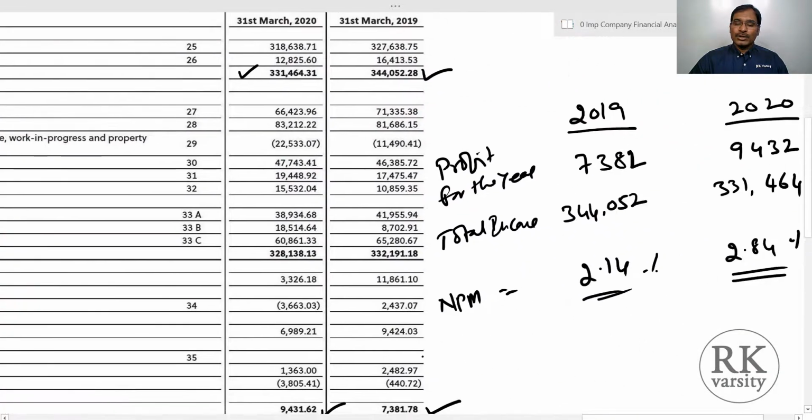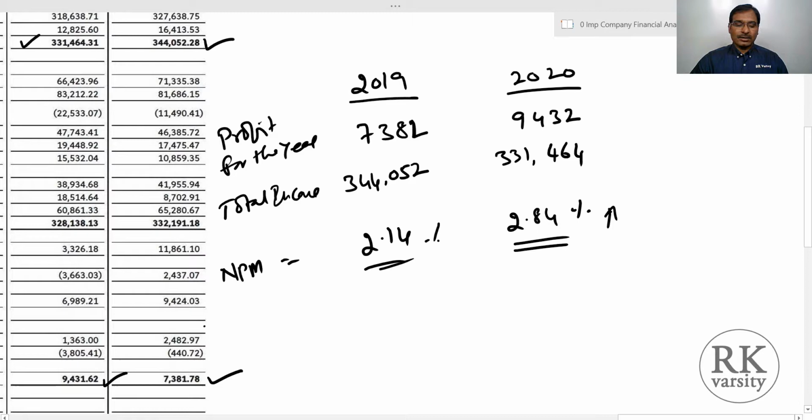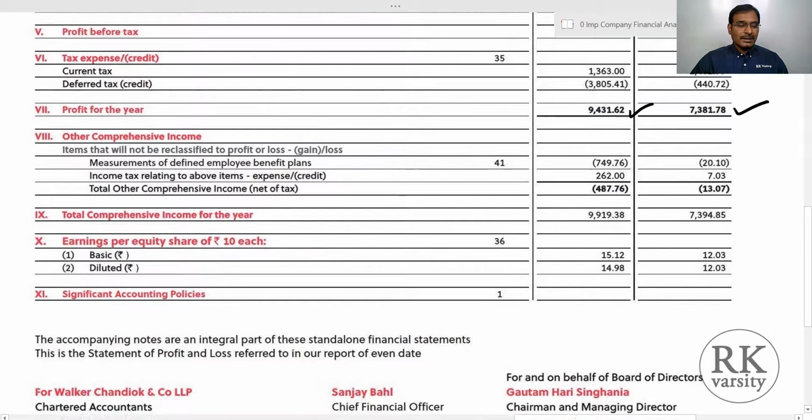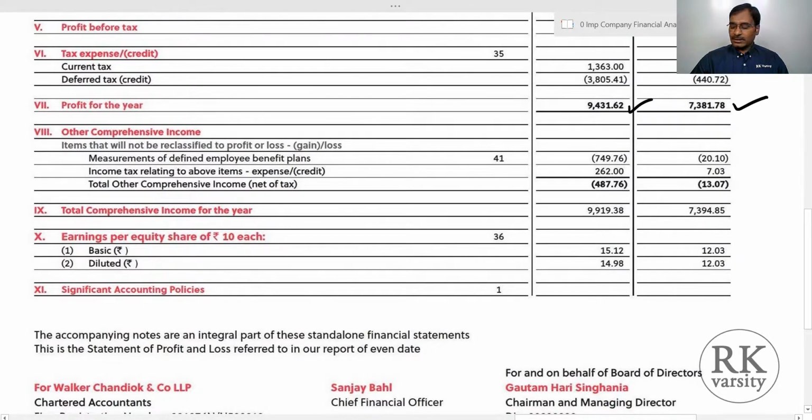Now, who is much interested in net profit margin? Especially the shareholders are interested in net profit margins, because ultimately this is the amount which the shareholders will get. And if you look at the profit and loss account, at the end it shows the earnings per share also. So for the equity shareholders, here the earnings per share is 15 rupees and 12 rupees here.